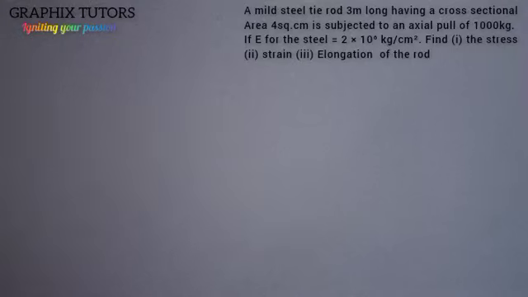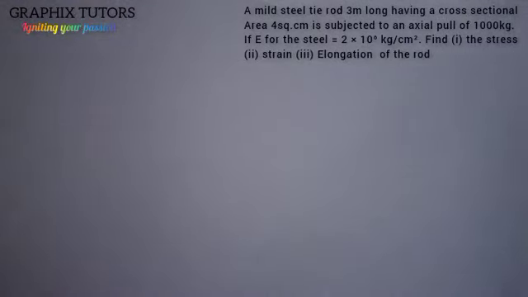Now if you look at the top right corner of the screen, you see a question there that says that a mild steel tie rod 3 meter long having a cross-sectional area 4 square centimeter is subjected to an axial pull of 1000 kilogram.